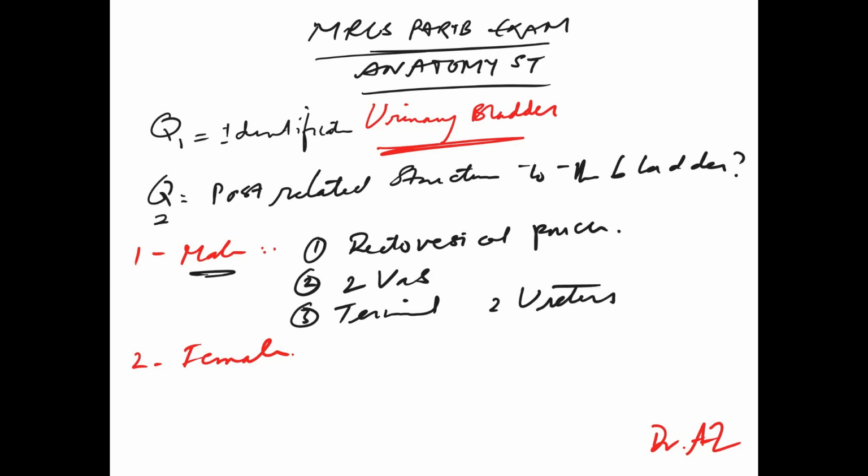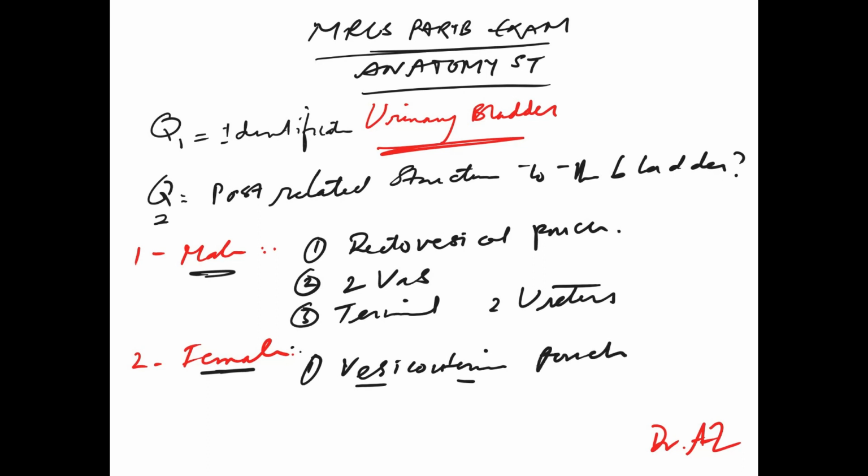In the female, you are going to find only 2 structures. Behind the urinary bladder you are going to find the uterus, and in between them you are going to find what is called the vesico-uterine pouch, between the bladder and the uterus.